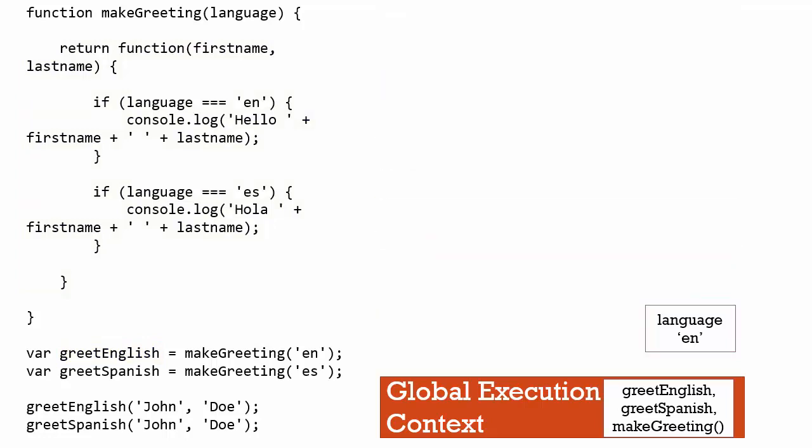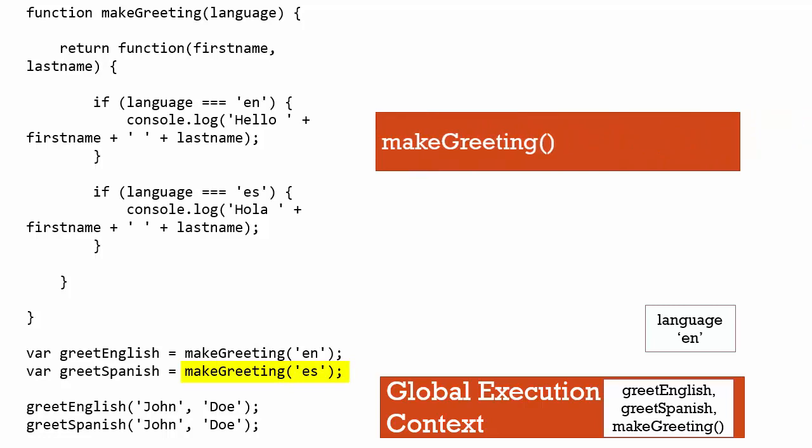And that memory space for that execution context is still hanging around. Then on my second line, I call make greeting again. And this is the important distinction. In the previous example we looked at, when we filled an array with functions, we only called that outer function once. So all those functions inside that array pointed to the same memory space. But in this case, we're calling the function twice. When I call the second time, I get a new execution context.